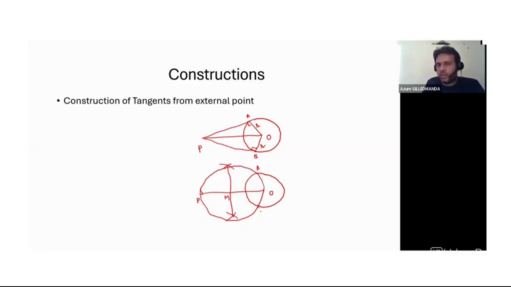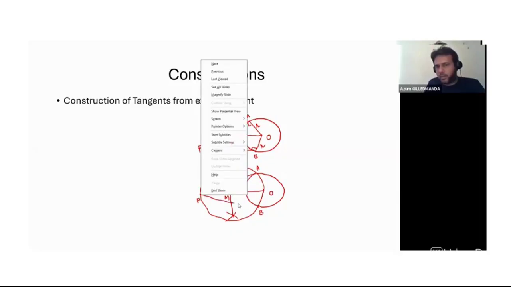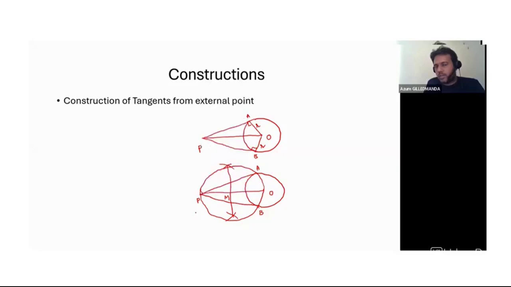Those are your points of contact where the tangents touch. Now, join PA and join PB. You understood? This is how you can draw the tangents. PA and PB are the tangents. This is very simple.